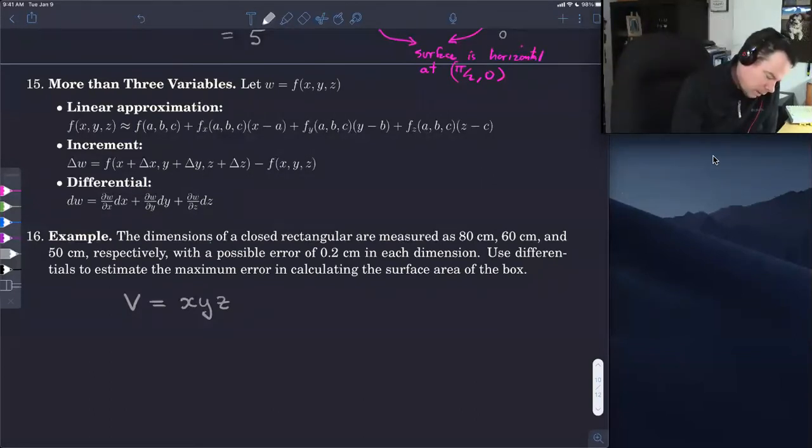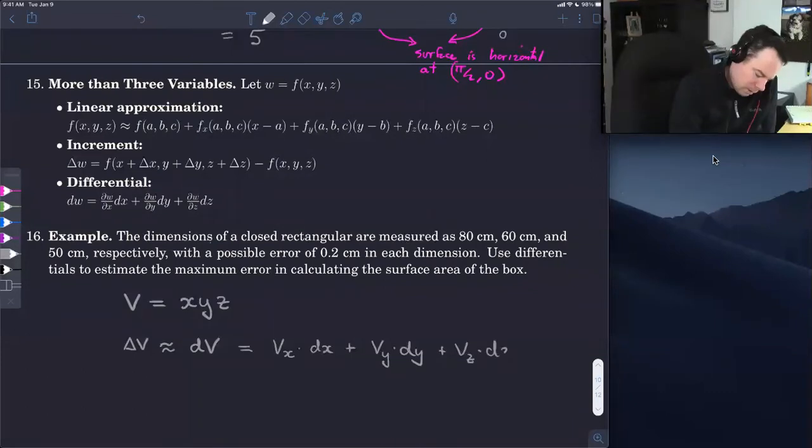So what does that mean? It means that the error that I'm interested in, which is our delta v, is approximately given by our differential, dv. And our differential is given by the x partial times dx plus the y partial times dy plus the z partial times dz.